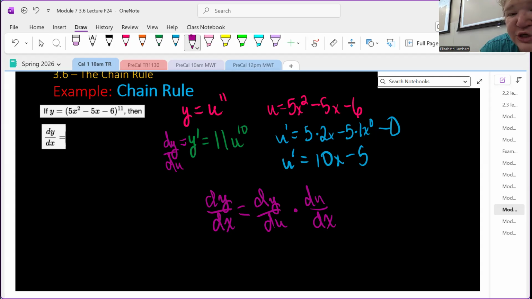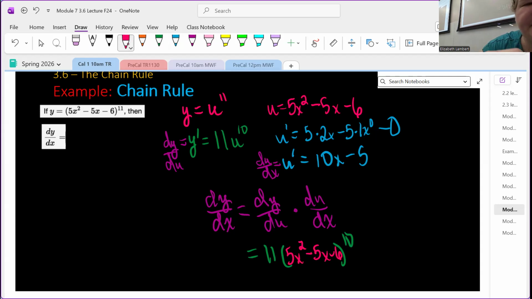And that's what we found when we took the derivative of u with respect to x. So we have 11 u to the 10th, but I'm going to fill u back in. So that was 5x squared minus 5x minus 6. And then it's times u prime, which was 10x minus 5.